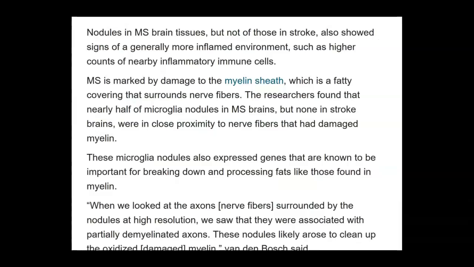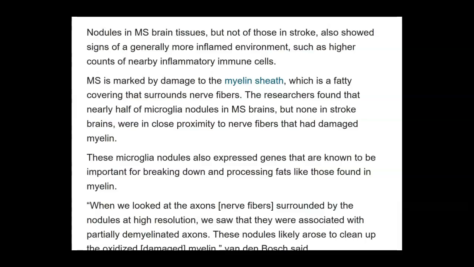MS is marked by damage to the myelin sheath, which is a fatty covering that surrounds nerve fibers. The researchers found that nearly half of microglia nodules in MS brains, but none in stroke brains, were in close proximity to nerve fibers that had damaged myelin.